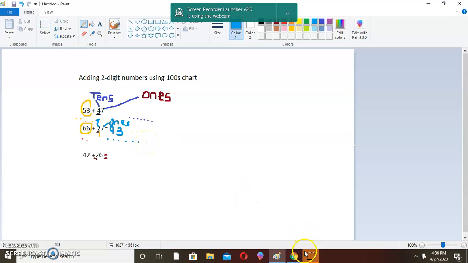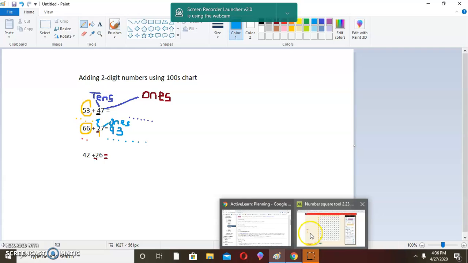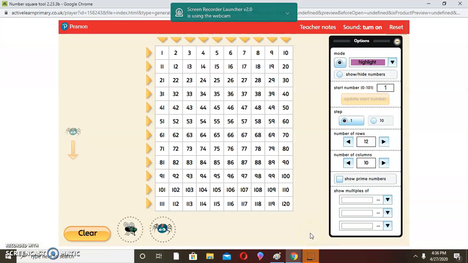Okay? So now let's try using the 100 square and see if you're going to get the answer, which is 66 plus 27. Good. So we are going to stand on 66, okay? That is where our spider will be standing. Then we are going to add on 27.